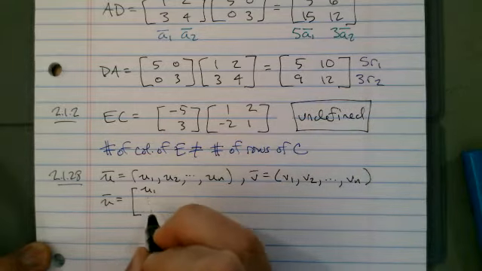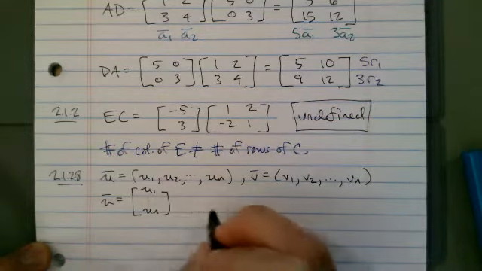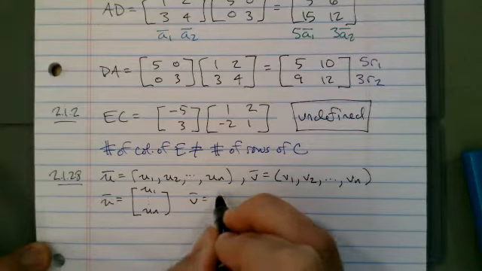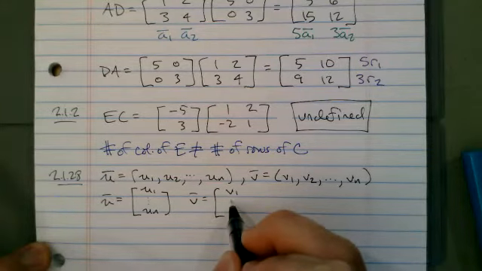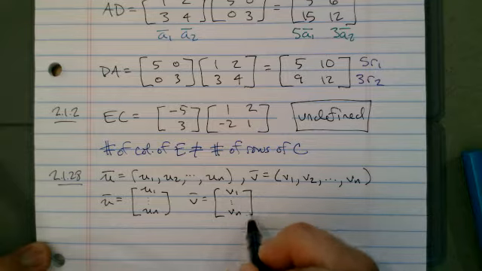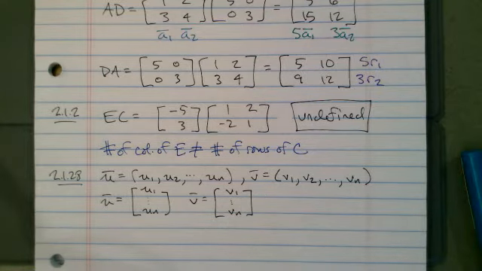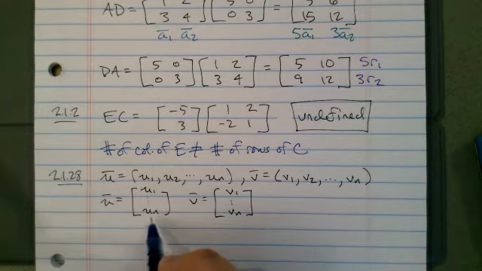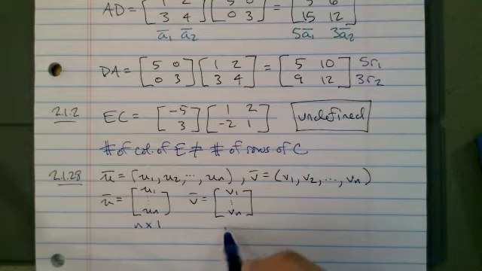Didn't want to do it this way, but I forgot this question is all about transposes. So U we can see is an n by 1, and V is also an n by 1 matrix.